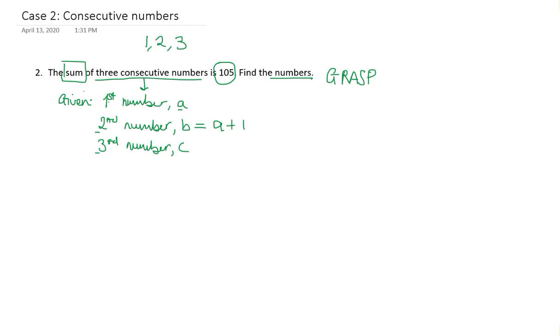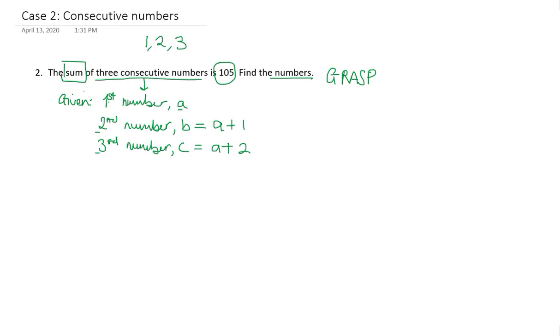For the third number based on A, you must add 2, and you're going to get the third number. So for the 10th number, we're going to add 9 to A. A plus 9 will give you your 10th number.